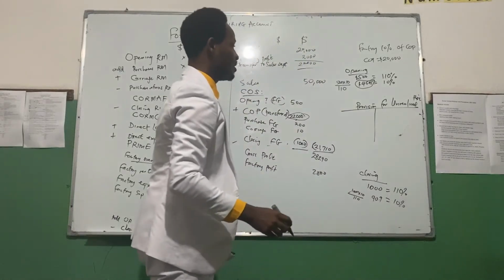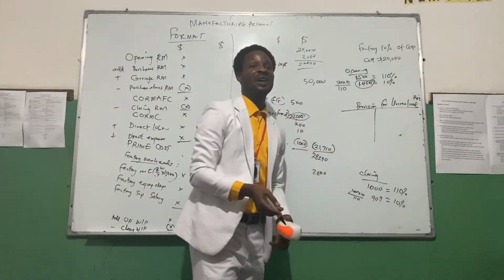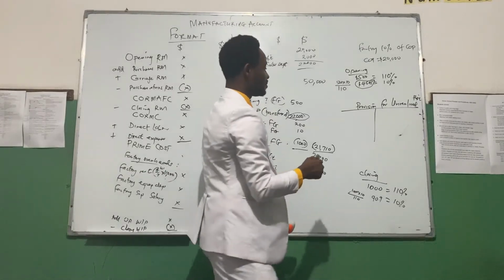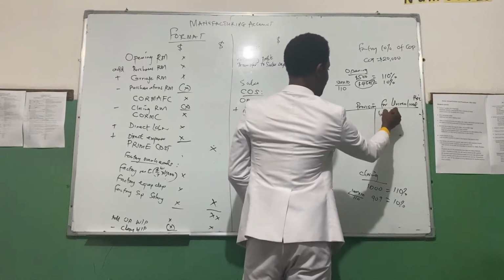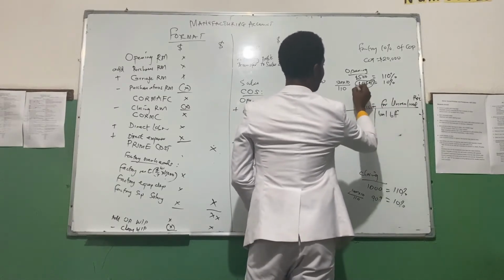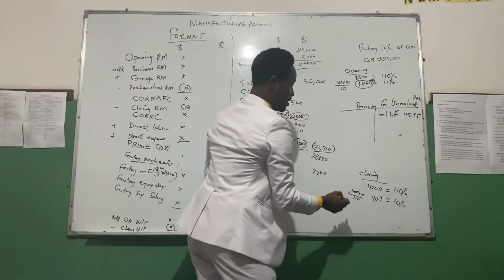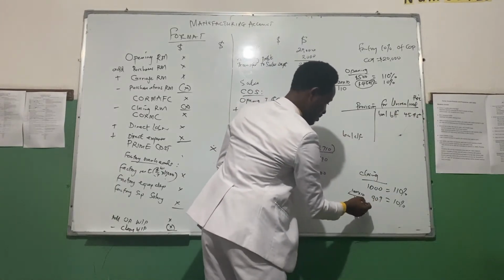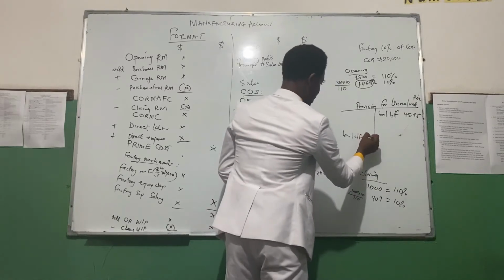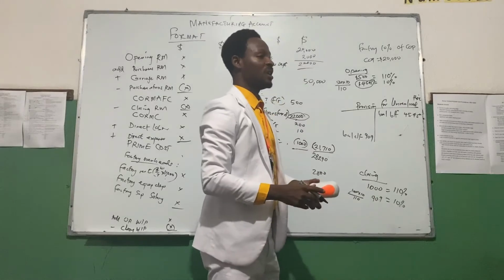So we already have the answer now to prepare the unrealized profit. The balance brought forward is 45.45, then the balance carried forward is 90.9. The difference between these two goes to the income statement.